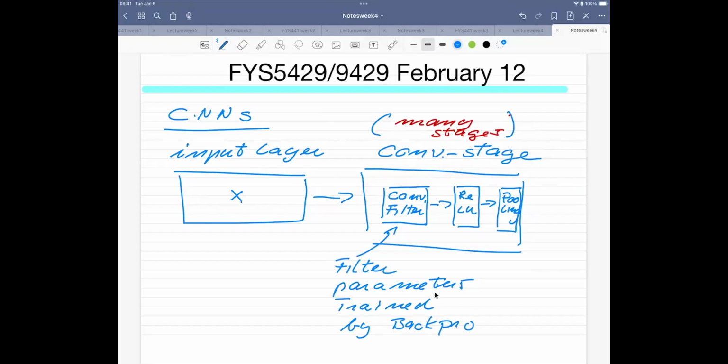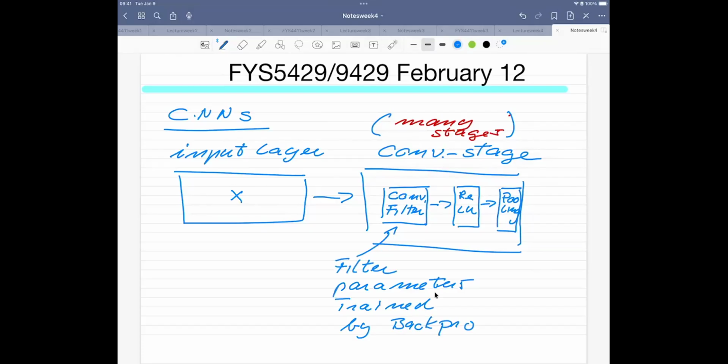Now, the ReLU stage, you can replace the ReLU activation function with other functions. That is a stage where you have fixed the parameters of the activation function. So that means that there are no parameters to be trained. Remember that in the training, you update the weights and the biases.